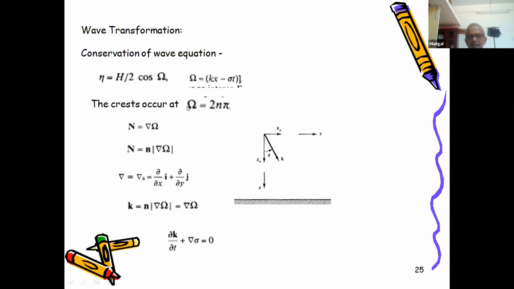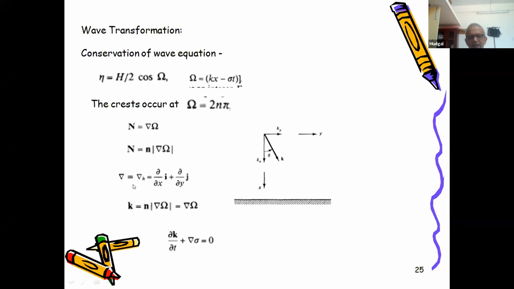Since the crest occurs at omega equal to 2 n pi, the normal to this line n is given by del of omega. Now this del is the space derivative, and since omega is a scalar, del of omega will become a vector, which has a unit vector n and this magnitude, the absolute value of del of omega.